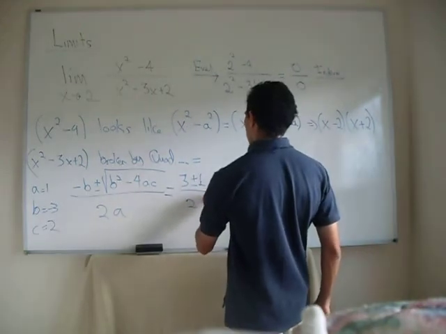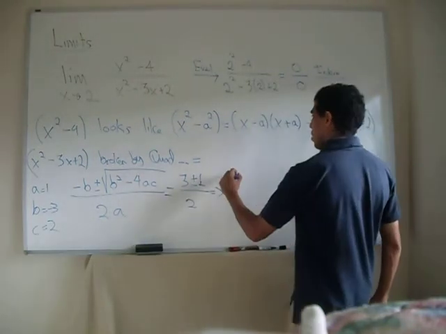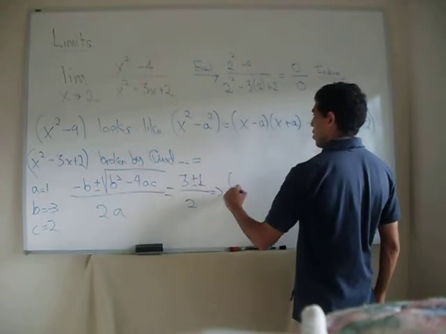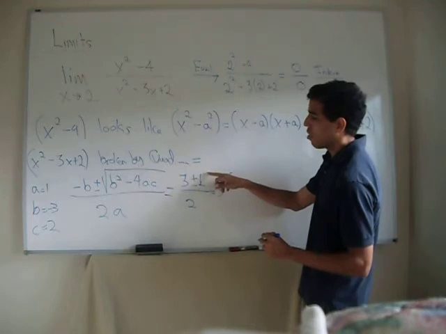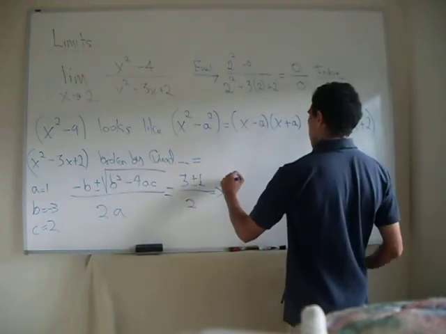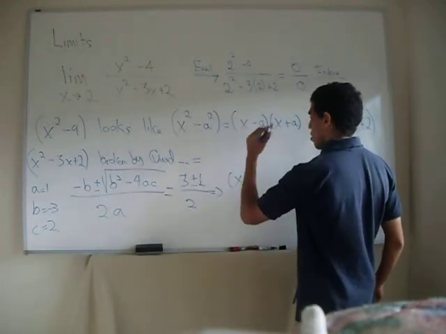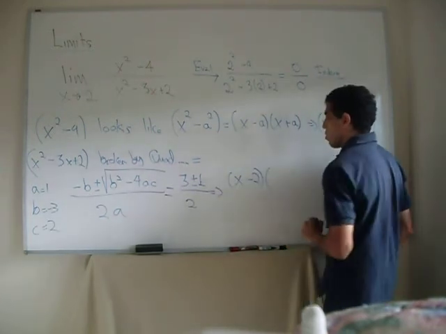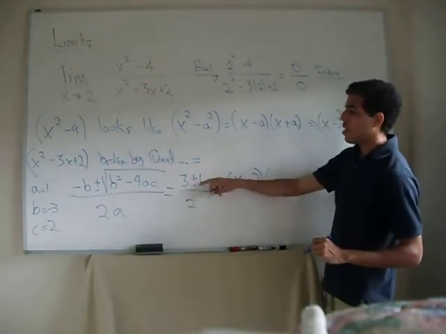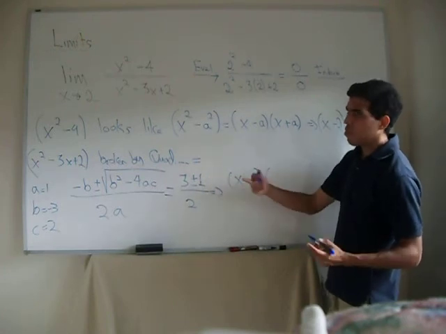This means that we're going to have one piece that is going to be 3 plus 1, 4, over 2, 2, and the second one is going to be 3 minus 1, 2, over 2, 1.